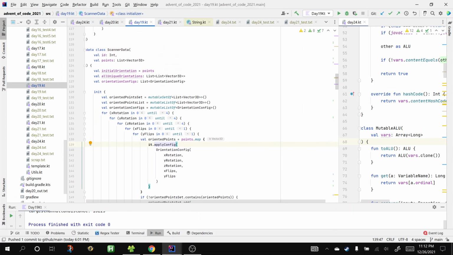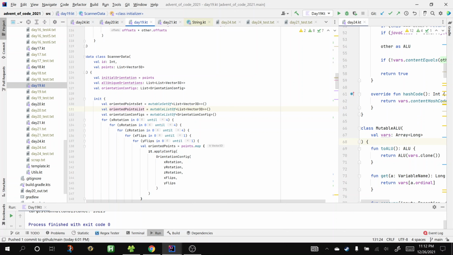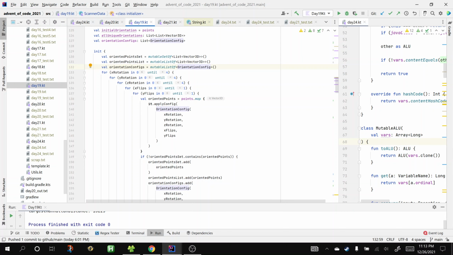Then I created a set of these different orientations and stored it into a list here, and also the configuration for getting to that specific orientation.